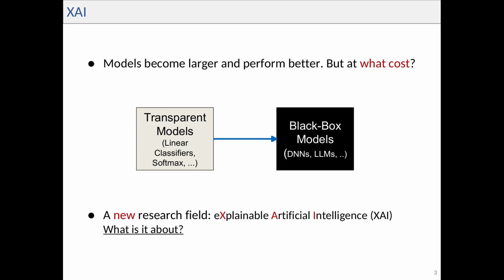But now the main drawback of these complex models is that they act pretty much as black boxes. We don't really have much of a clue how exactly they come to a certain conclusion. And this is pretty much what motivated this new research field, which is called Explainable Artificial Intelligence, or XAI in short. And we're going to start with, what is it about?